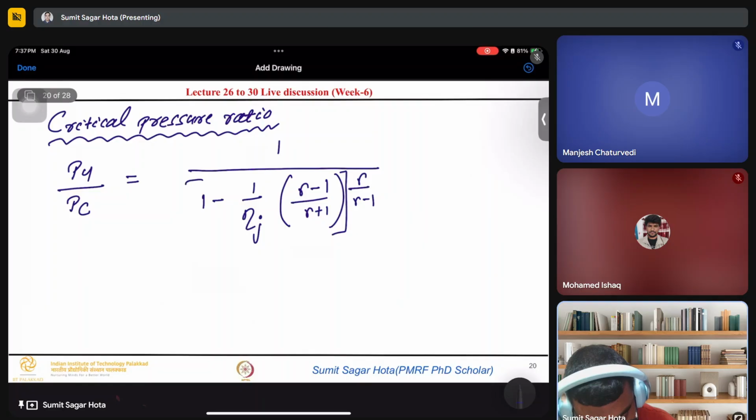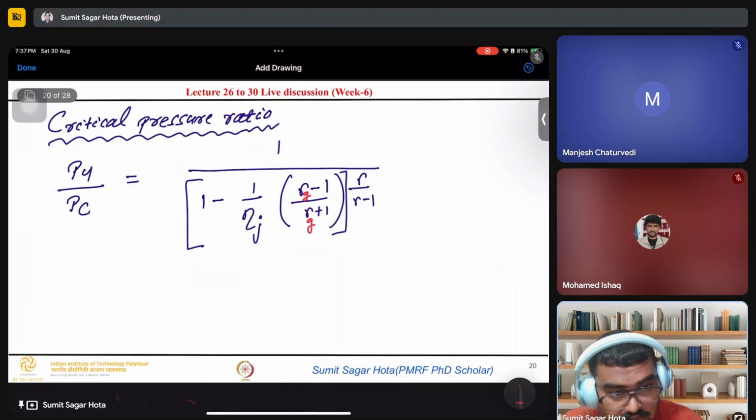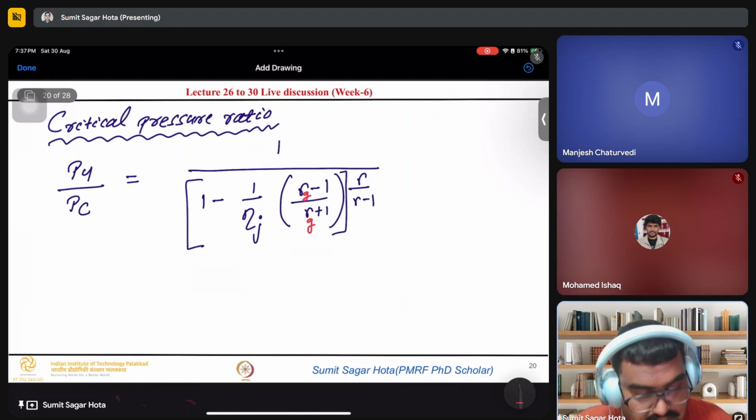This is the whole power. Now what is this gamma? This gamma is not a simple gamma. It is gamma of G. Don't confuse. If you put gamma as 1.4, then the whole calculation is gone.